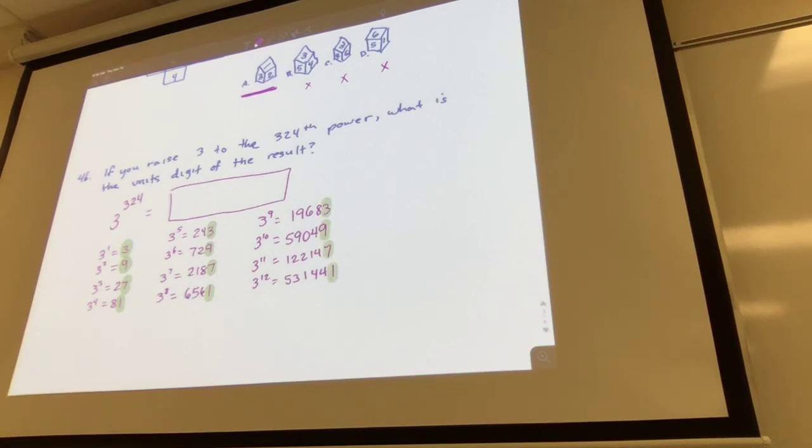So our note will be, if we divide the exponent 324 by 4, since the pattern cycles every fourth power, every fourth term, when you divide that, you get a remainder of 0.